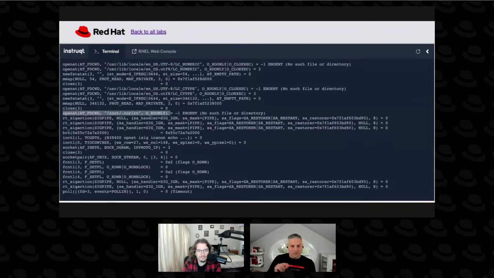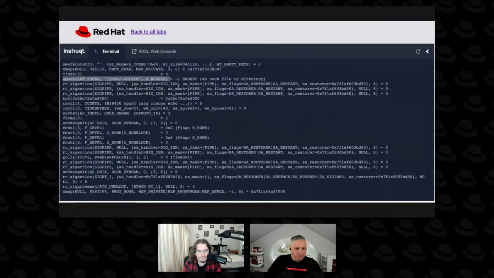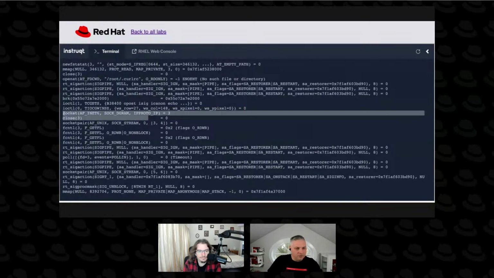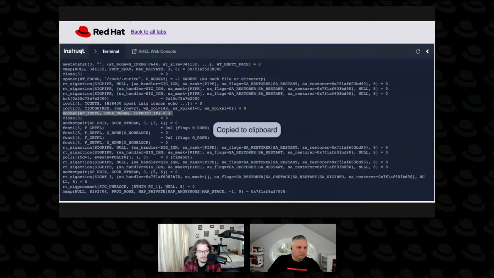All right, then we see something different. We saw a block of similarly formatted stuff, and we traced through it and saw what it was doing: setting up the locally running environment for curl. That's cool. Then we get to something a little bit different. We get down to here: socket.